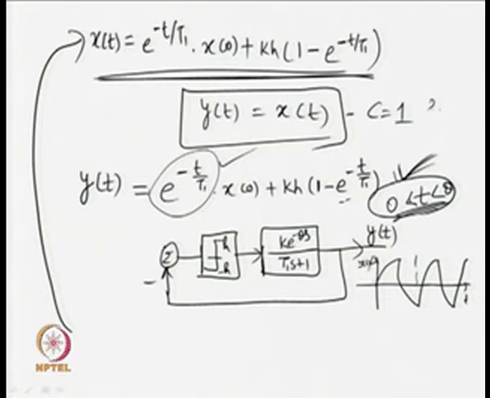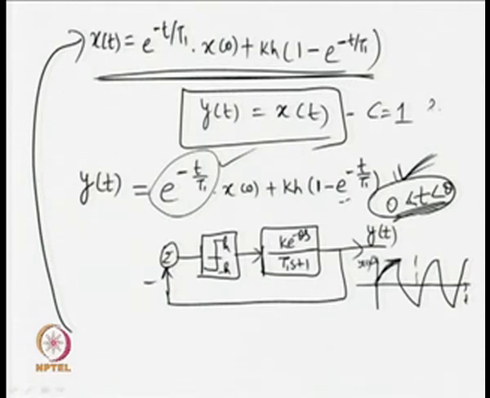If this is the output waveform, and if we can establish that the peak amplitude has some relationship with some parameter or many parameters of the transfer function model, then it will be possible to estimate the transfer function model parameters based on measurement of the peak amplitude. That is the purpose of doing all this analysis.